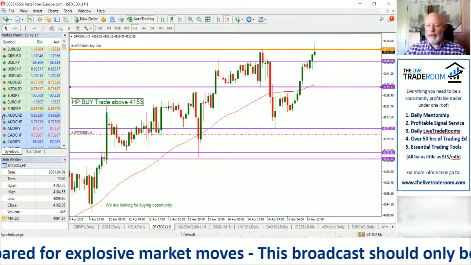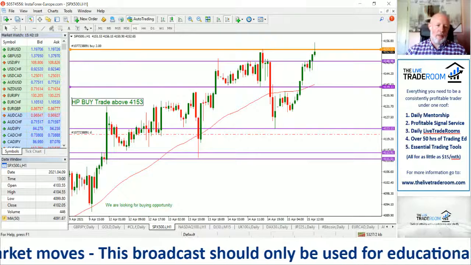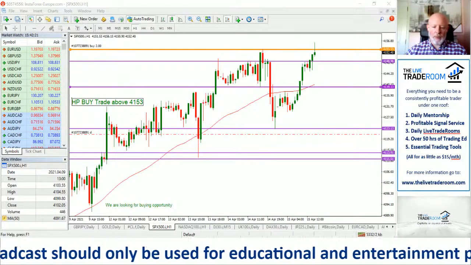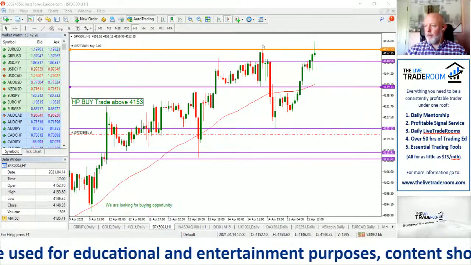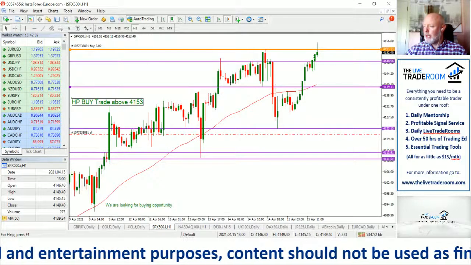We do want to give it the best part of 30 odd points, bit of a stop loss. We always trade these markets with a stop loss, of course. You know, we'd never get into a trade without placing that stop loss.